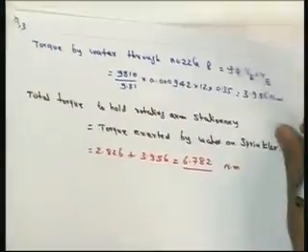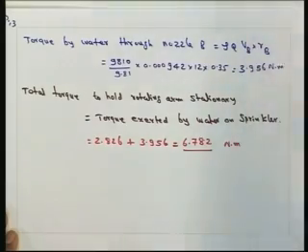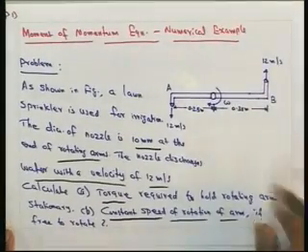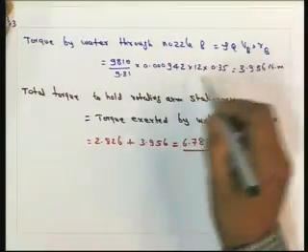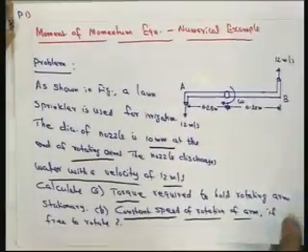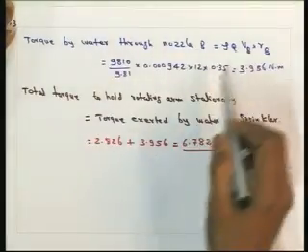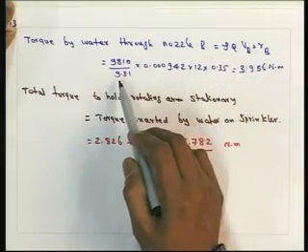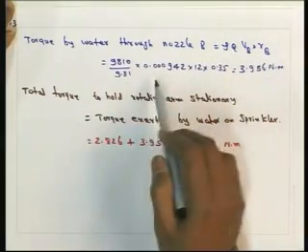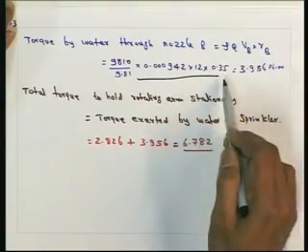So, now the torque by water through the nozzle B. For the second nozzle, here the second nozzle is at this location. So, we can write the same equation, rho Q V B into R B. R B is 35 centimeter here, and that gives rho is 9810 by 9.81 into Q is 0.000942 into V B is again 12 into 0.35.